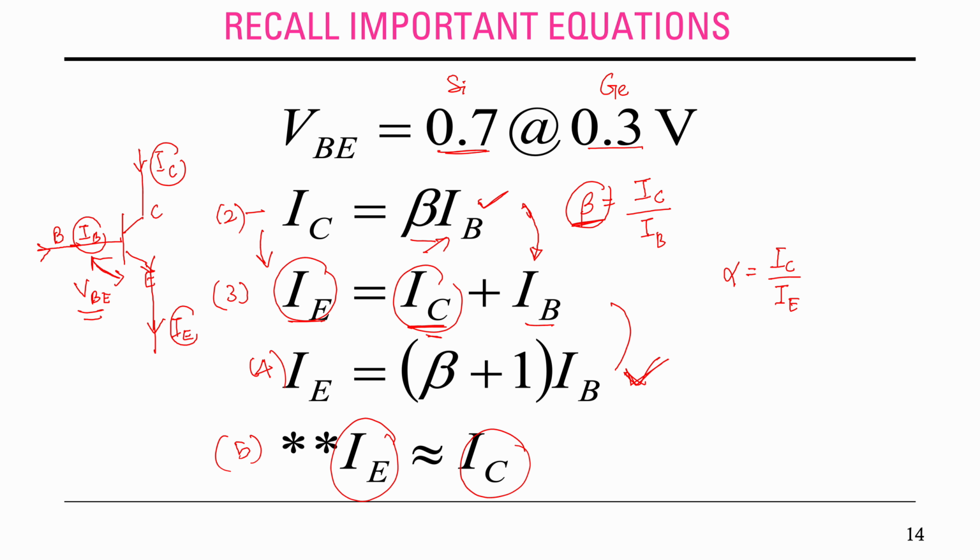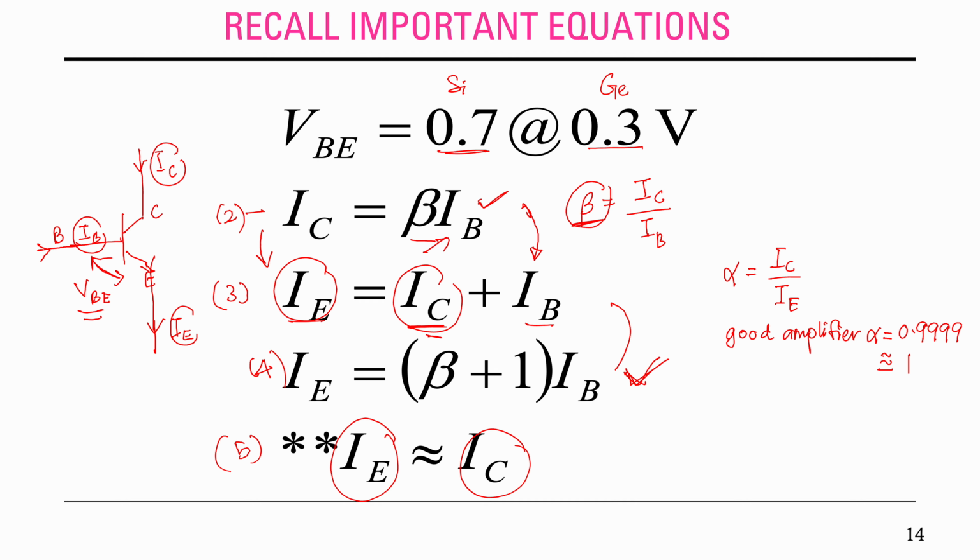We did mention that for a good amplifier, the value of alpha is 0.9999, or almost 1.